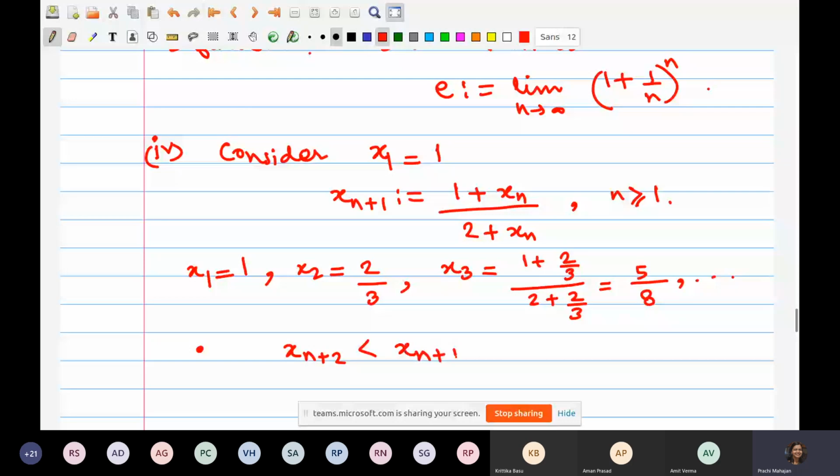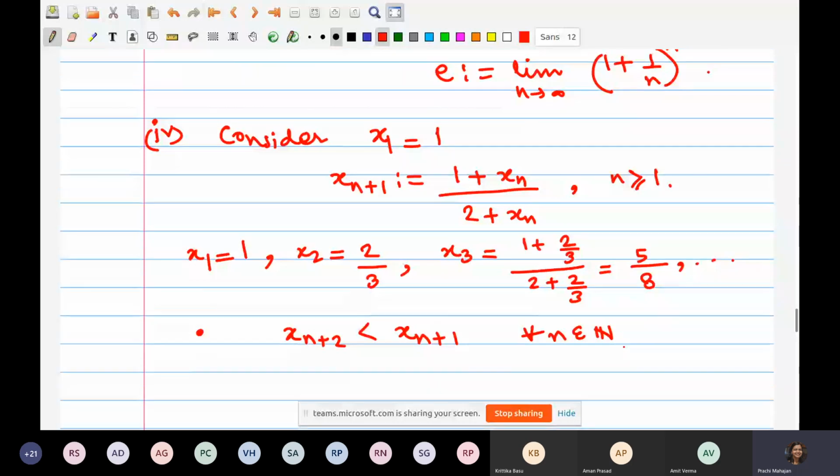So how do you prove that rigorously? How do you prove that this inequality holds true for each index n, that x_{n+2} is less than x_{n+1} for each index n? How does one prove statements like this?